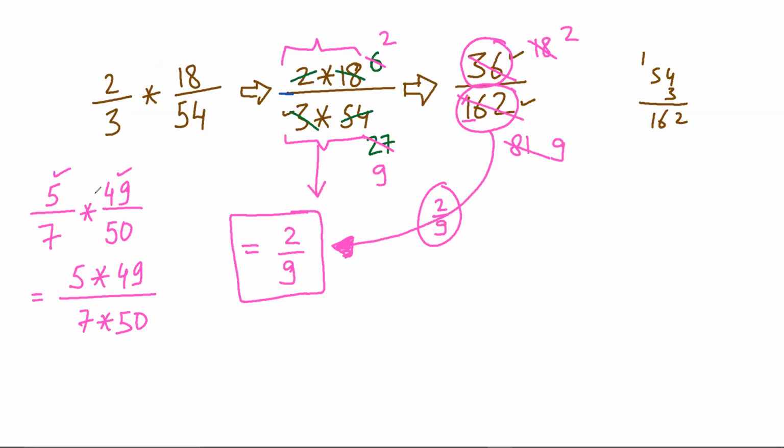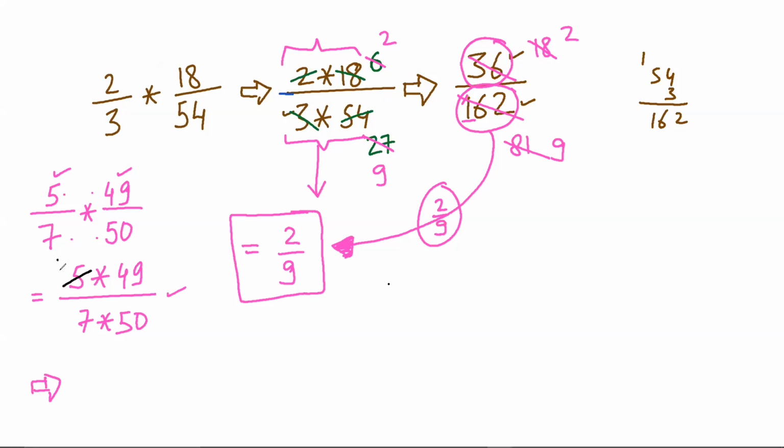Another mistake that few of the students may make is to divide the numerators with each other. You can only find common factors between the numerator and the denominator. Mr. Sarthak, is it clear? Yes, sir. So what are the common factors that you see here? 5.